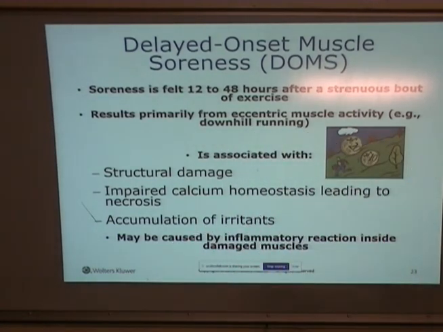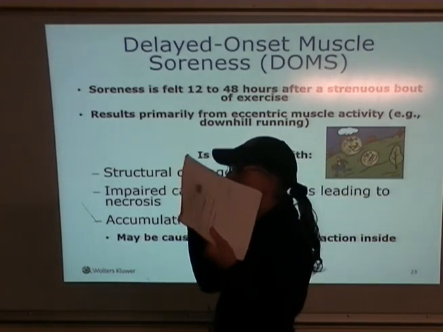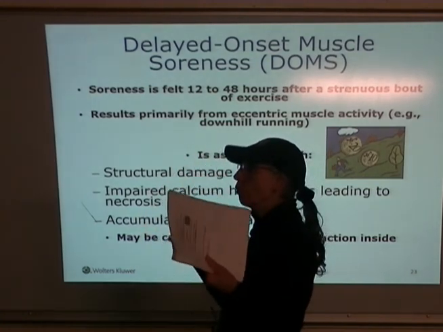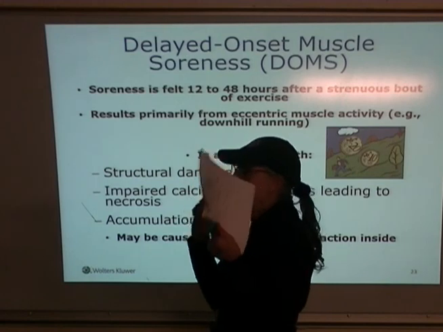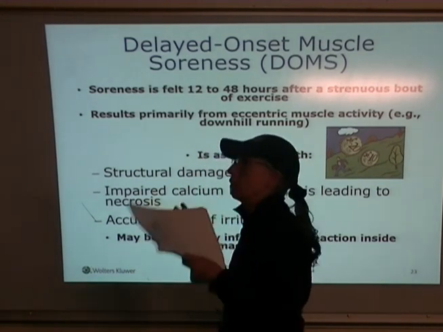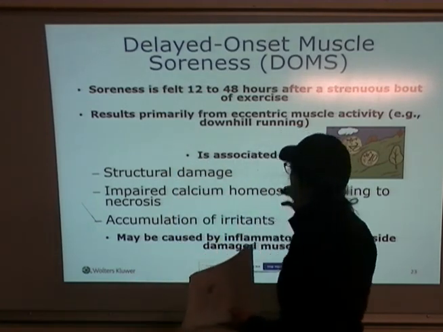And whenever we do exercise, we damage muscle fibers, right? We do little micro tears depending upon the intensity of the work. We do little micro tears all the time. That's why we need to get lots of sleep so that we can mend the damage and make the muscle stronger. Okay?